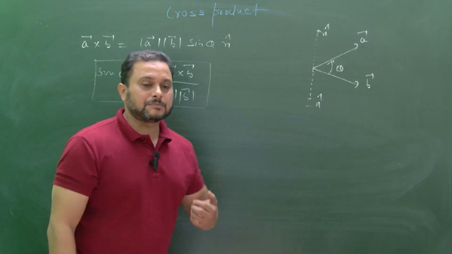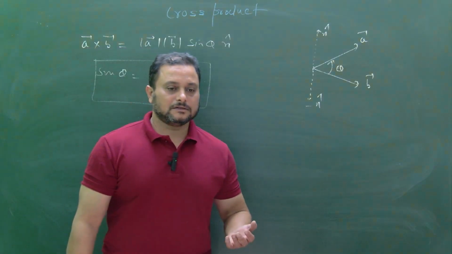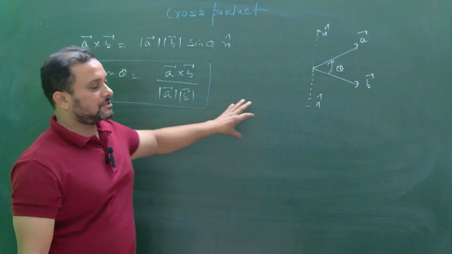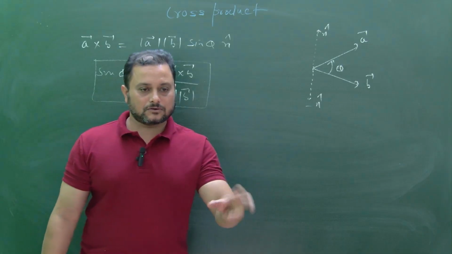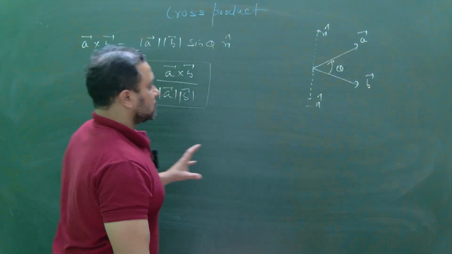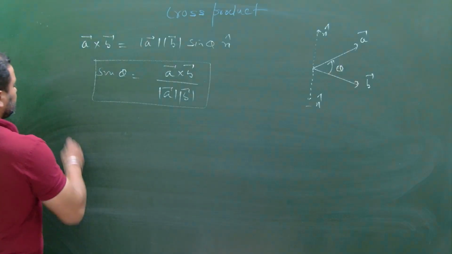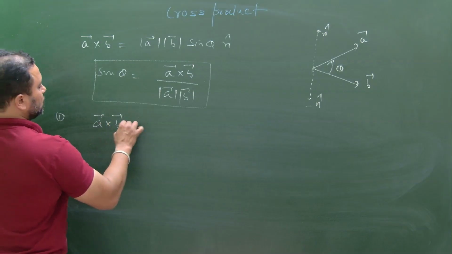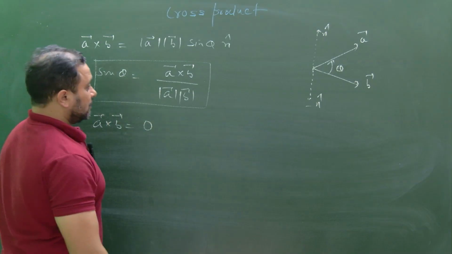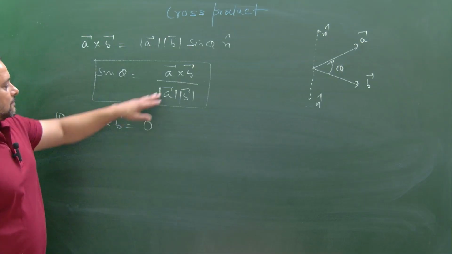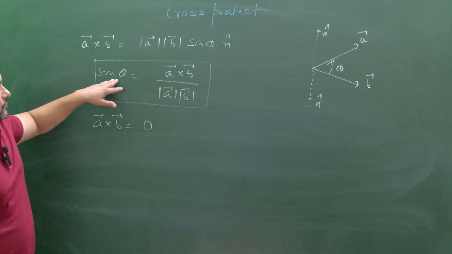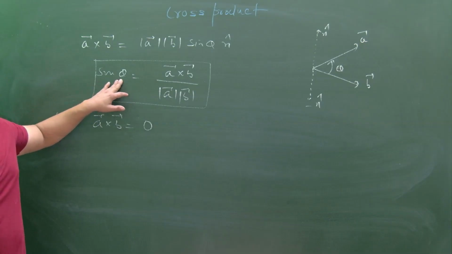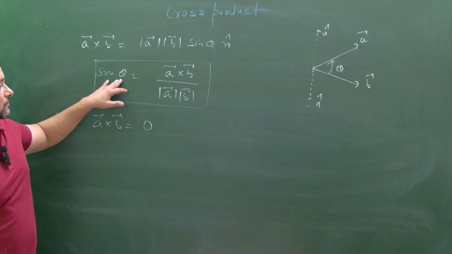So this is the angle. If we are asked in questions what the angle is between these two vectors when the terms are given, especially for these two vectors performing the cross product: when we say that the cross product of these two vectors is equal to 0, clearly to make the cross product 0 we need the value of sine to be 0. Sine is 0 on the x-axis, at the angle 0.